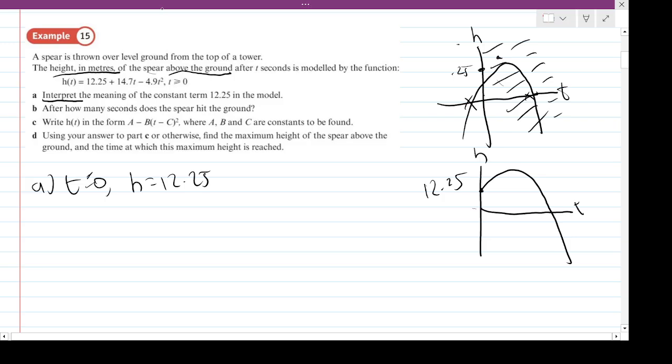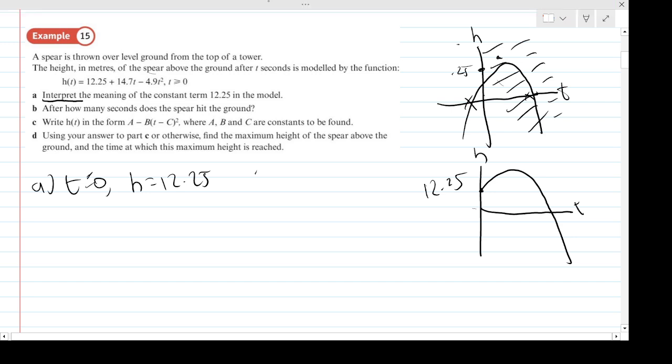The spear's not been thrown at the start. If you imagine someone standing on top of the tower, then they're throwing a spear. So at the start, when t is equal to 0, they're still at the top of the tower. The spear would not have moved anywhere yet.